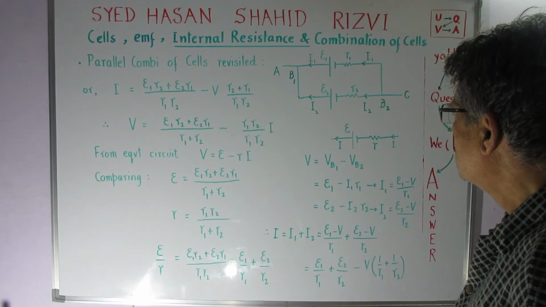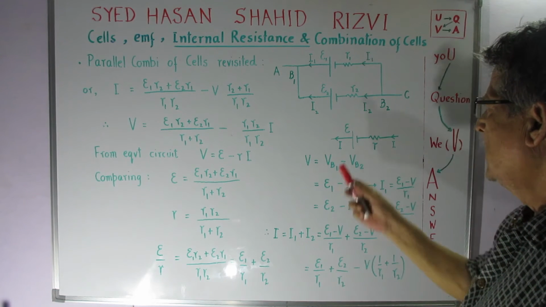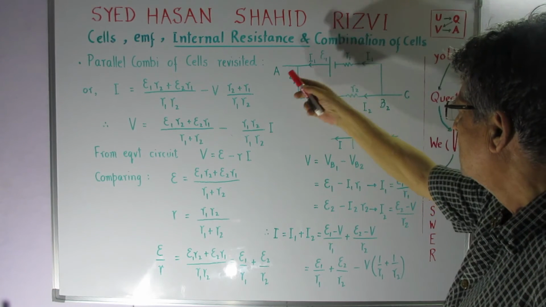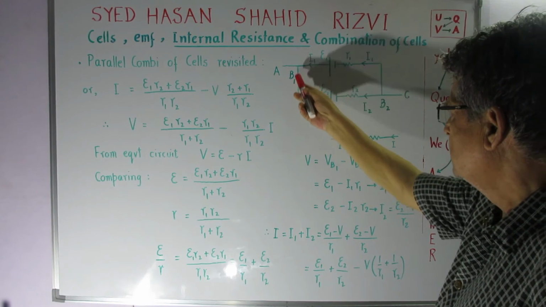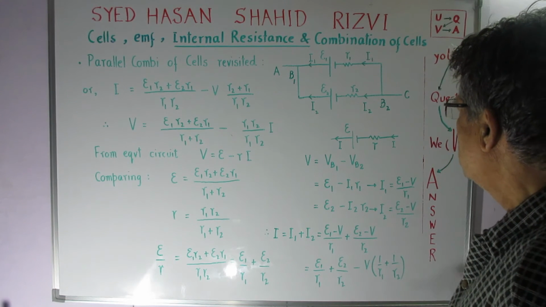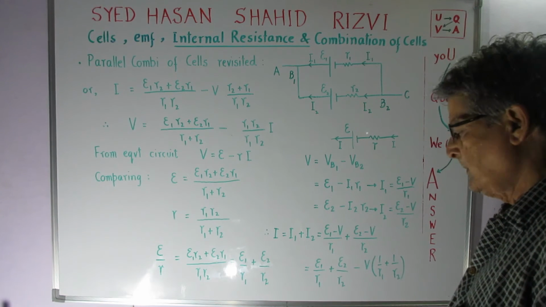And you can see that the current I1 leaves from here and current I2 leaves from here, from the positive terminal of the battery, and enters into the negative terminal of the battery as it is.